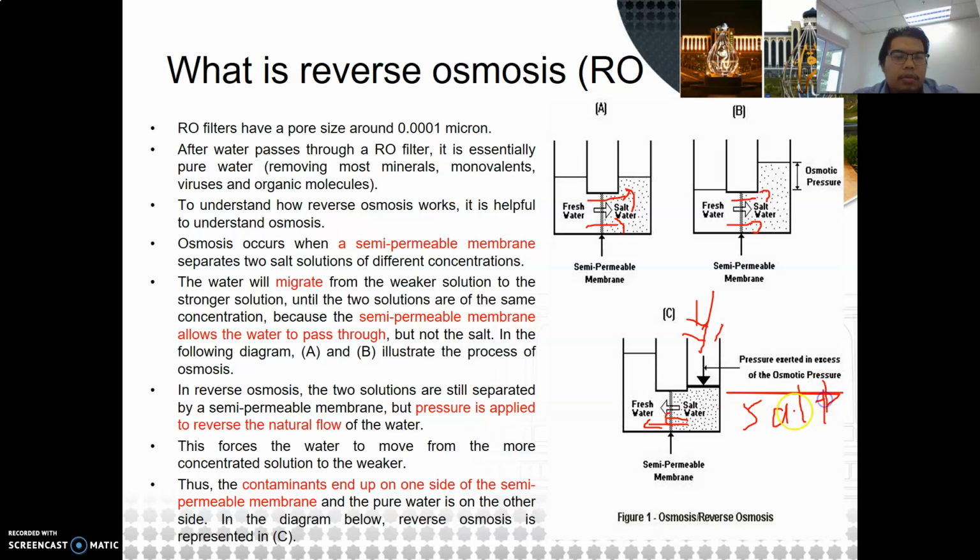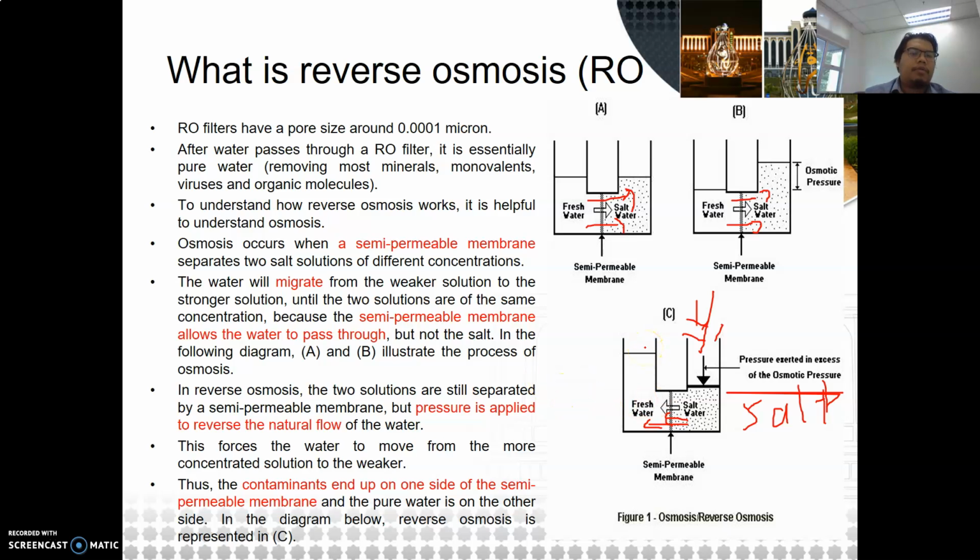That's why we say reverse osmosis gives only water content. Because of the force, or the pressure that we applied before, it forces the water to move from the more concentrated solution to the weaker solution. Thus, the pure water is left on this side.